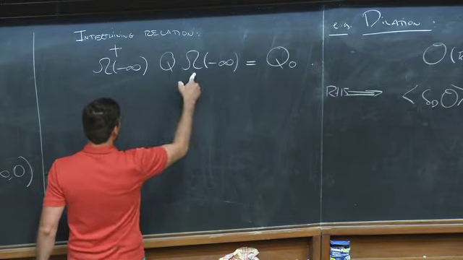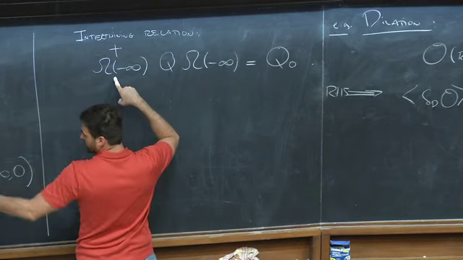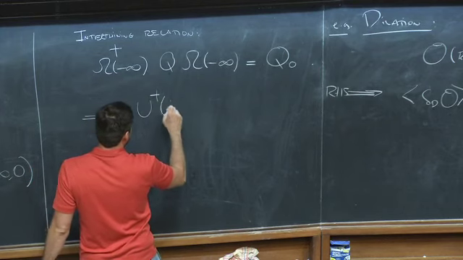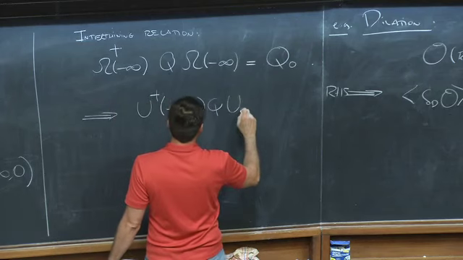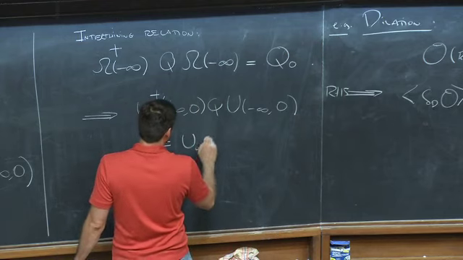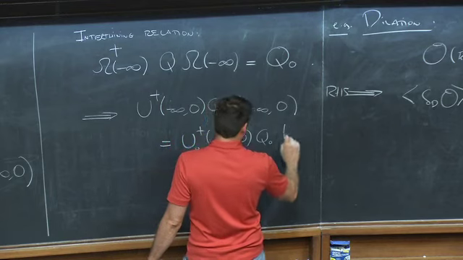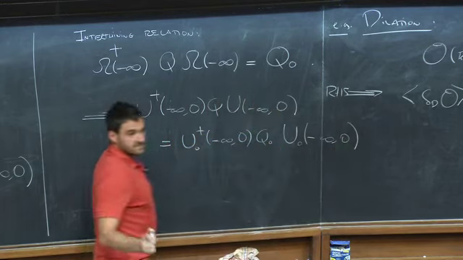What this statement implies is the following. If I were to unpackage it in terms of U and U naught, it says that U dagger minus infinity 0 Q, U minus infinity 0 is equal to U naught dagger minus infinity 0 Q naught U naught minus infinity 0.